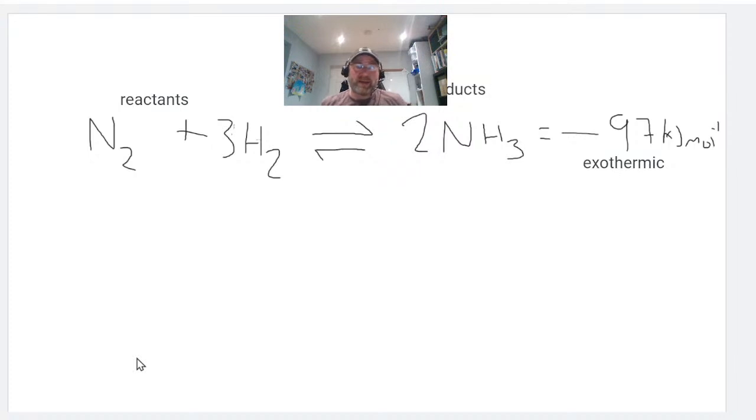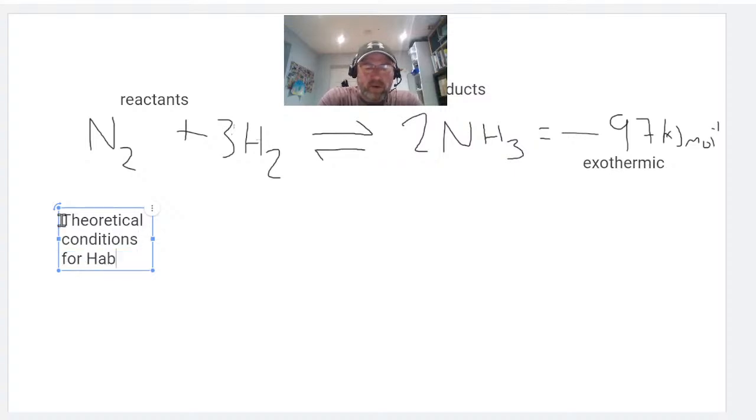What you need to know is, as this is an exothermic reaction, I'm going to go over the theoretical or ideal conditions for the Haber process according to Le Chatelier's principle.